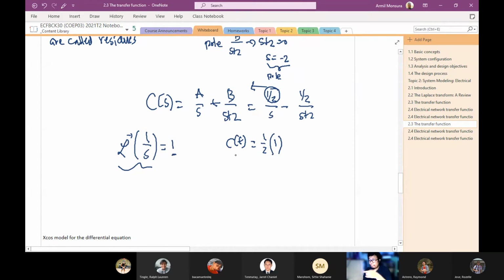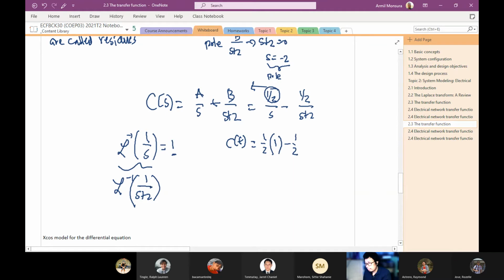Okay. So how about the other term? Again, i-set aside natin itong coefficient na to. So that's 1/2. Okay. Ang maiiwan dyan is 1 over S plus 2. Okay? And if we actually take the inverse of that, again, we're looking for a function na kapag nilaplace transform ko, ito yung lalabas, 1 over S plus 2.